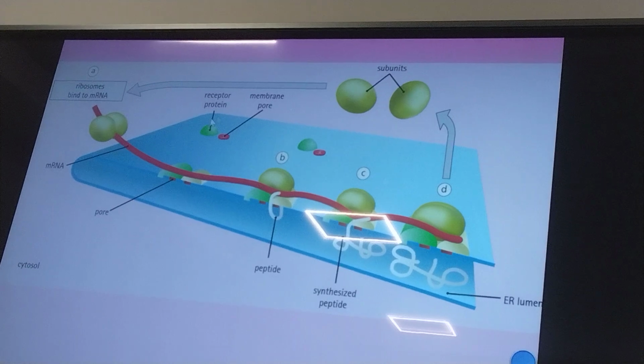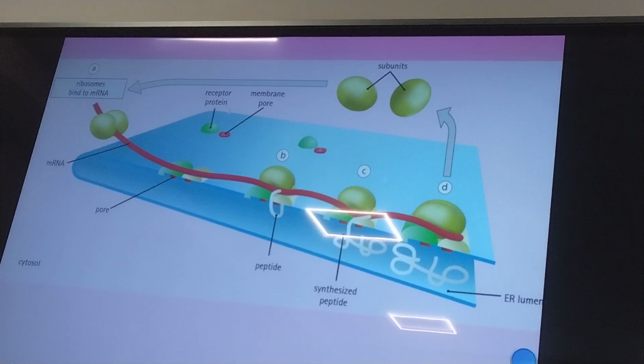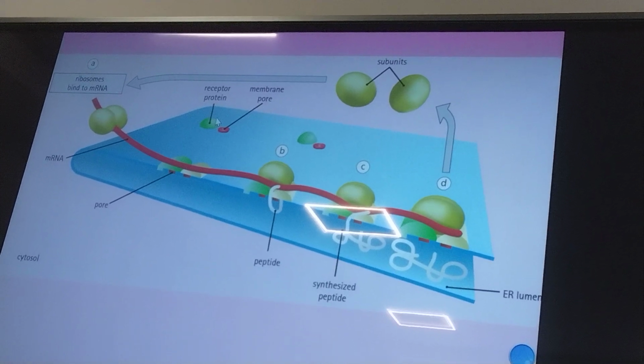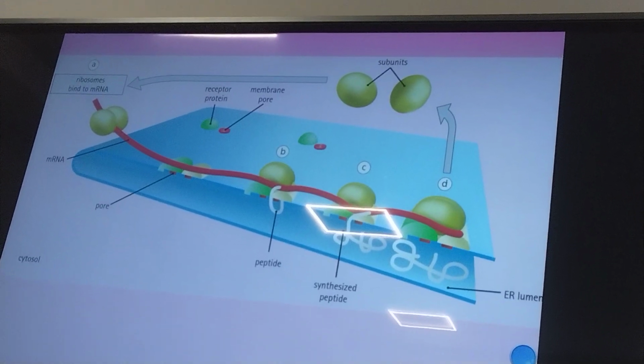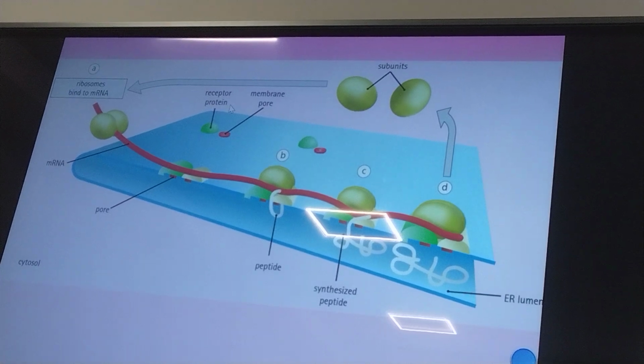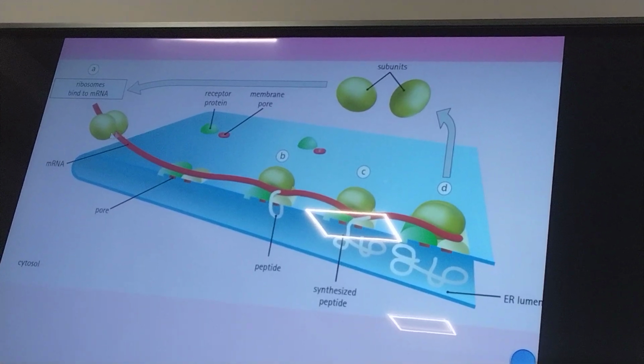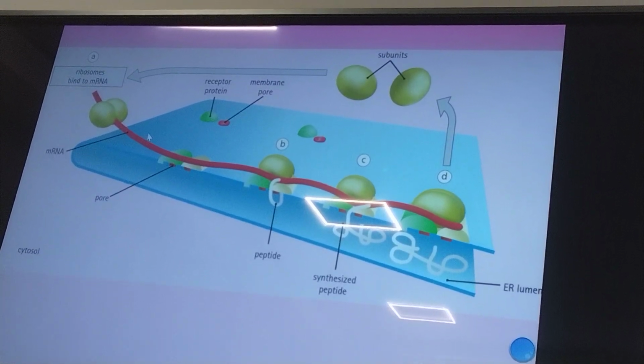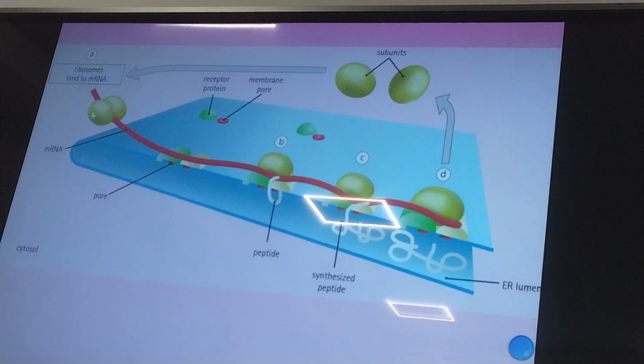But I want you to pay attention that on the surface of rough endoplasmic reticulum there is a receptor protein and there is a core protein. Okay, what is the receptor protein necessary for? Because it binds to the ribosome and it binds the messenger RNA with the ribosome.